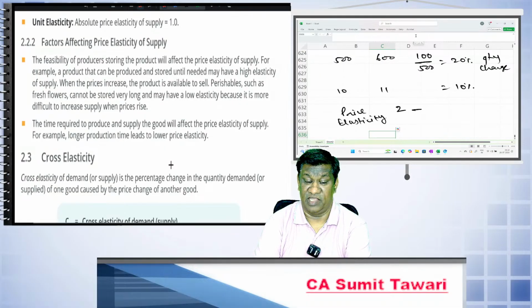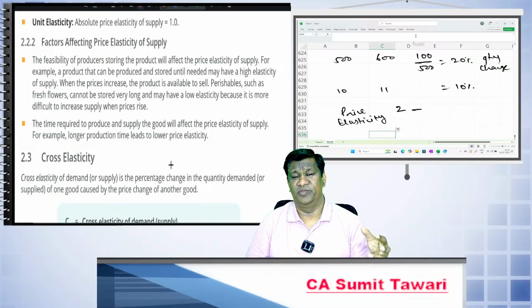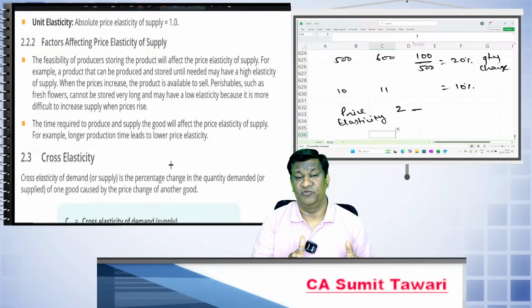Okay, and the time required to produce and supply the goods will affect the price elasticity of supply. Say you need five days to produce, okay, and the customer needs it in three days. So in that situation, you have bargaining capacity to charge higher prices, because of the customer's urgency. So you may charge higher prices and try to finish your five days of work in three days' time, okay.